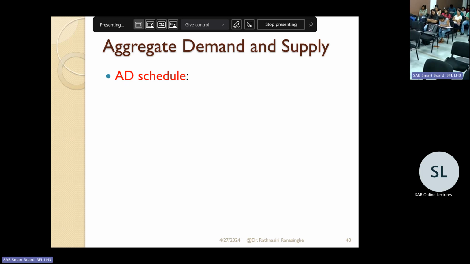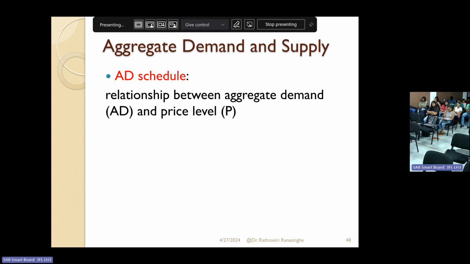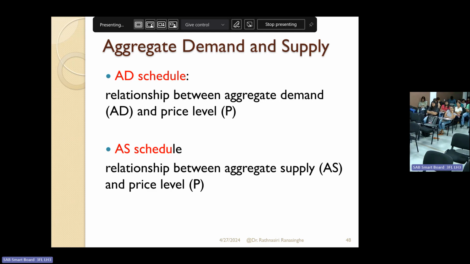That can be derived by looking at changes in the aggregate demand and the aggregate supply, because the price level is determined according to the aggregate demand and aggregate supply, according to the AD-AS model. Now first we look at the aggregate demand, which explains the relationship between demand and price. Aggregate supply is the same, explaining supply and the price level. So we know the aggregate demand and the aggregate supply.